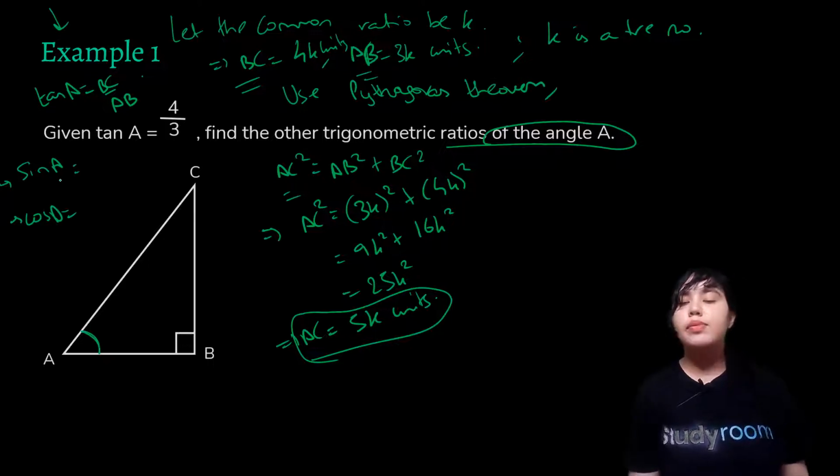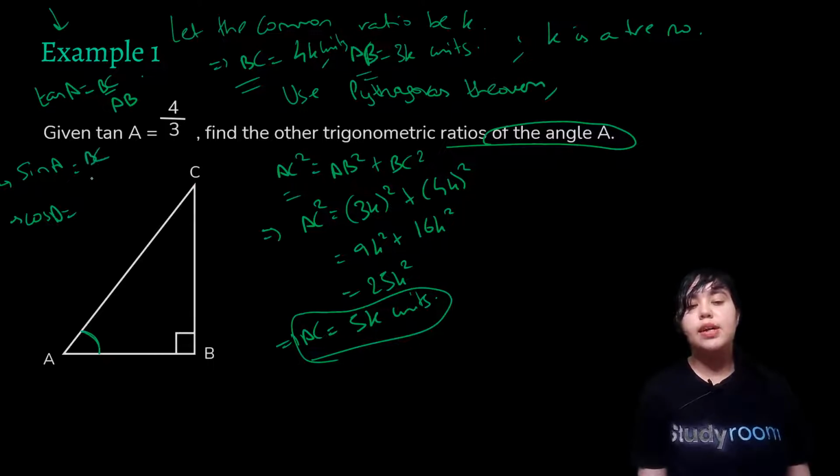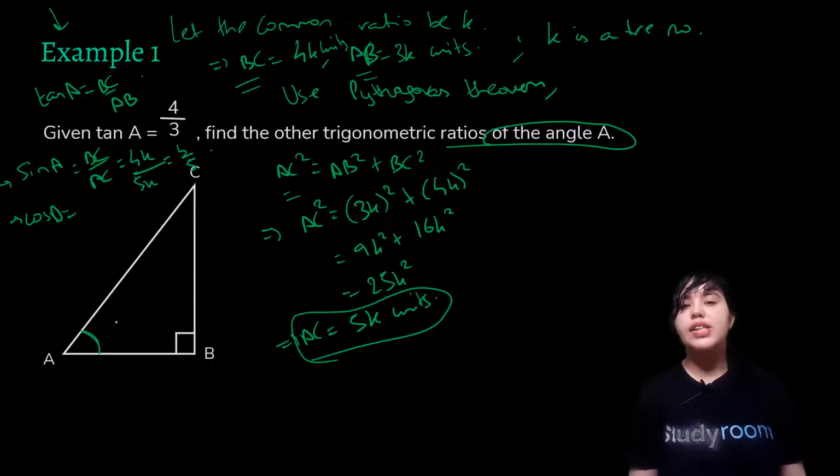So first of all, what will be sin A? It will be side opposite upon hypotenuse, that is BC upon AC. What is BC? BC is 4K. What is AC? AC is 5K. So that will become 4/5. What about cos A? It is side adjacent to angle A, which is AB, upon the hypotenuse, which is AC. What is AB over here?